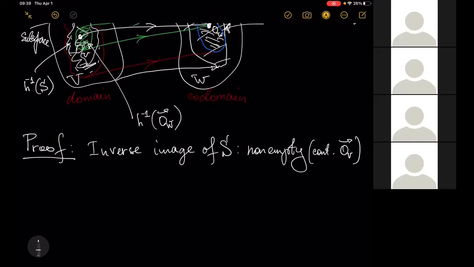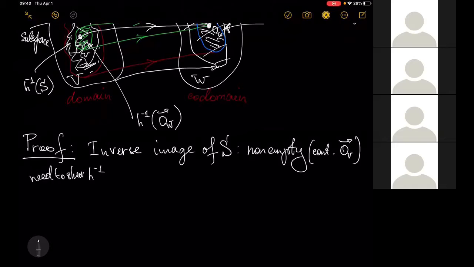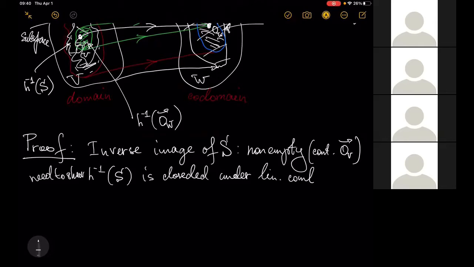So now to finish, we need to show that the inverse image of S is closed under linear combination.